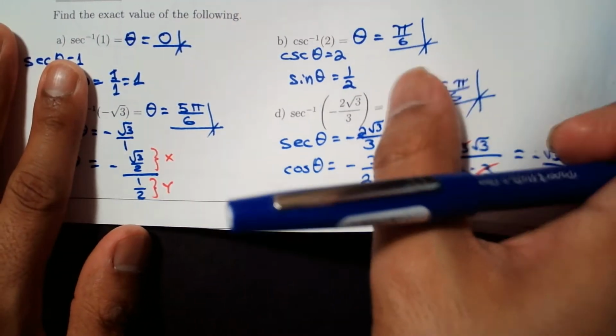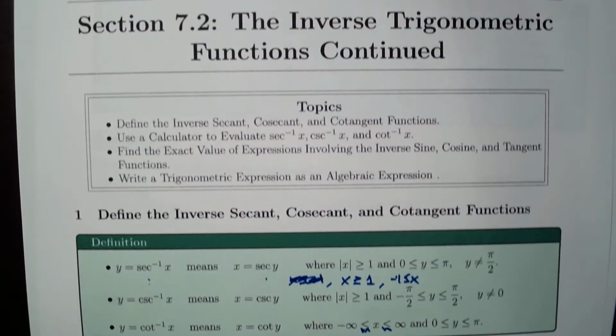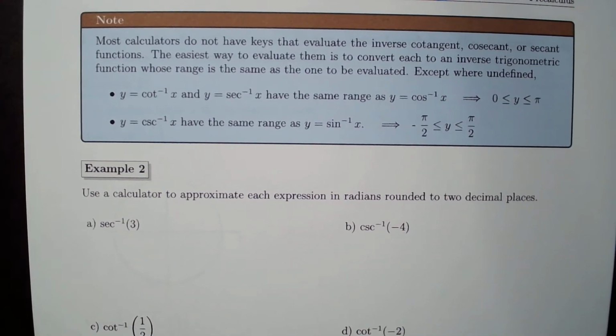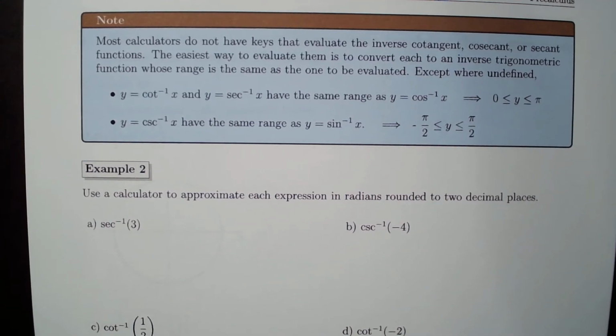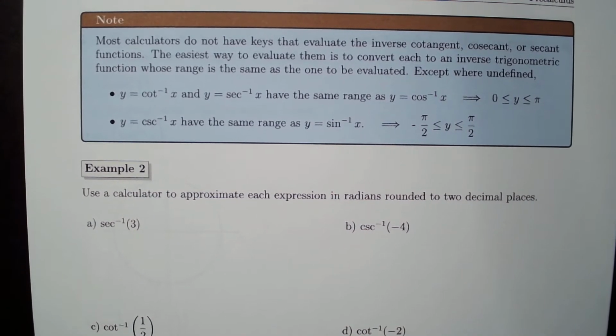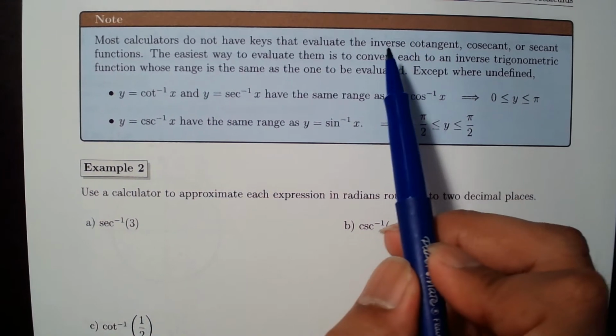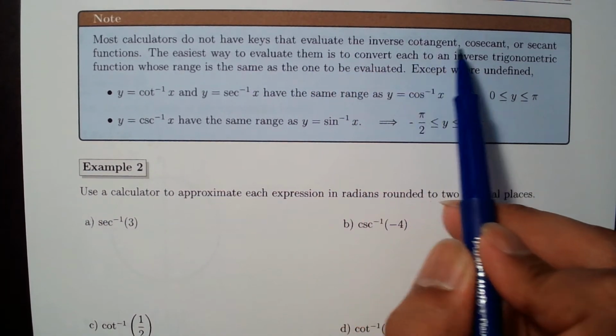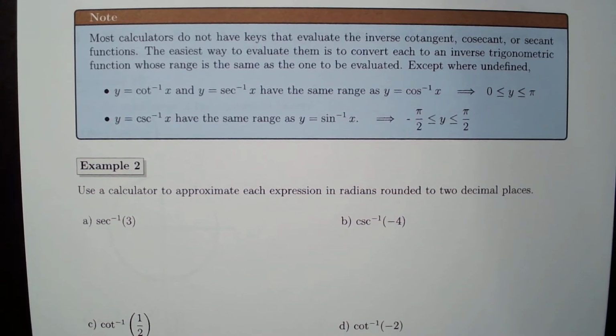Now on the next topic in this same section, we are going to go over how to find values that are not as easy to find as in the unit circle, that is using the graphing calculator. However, it's going to be a little bit tricky because, number one, the calculator doesn't have keys to evaluate inverse cotangent, cosecant, and secant.